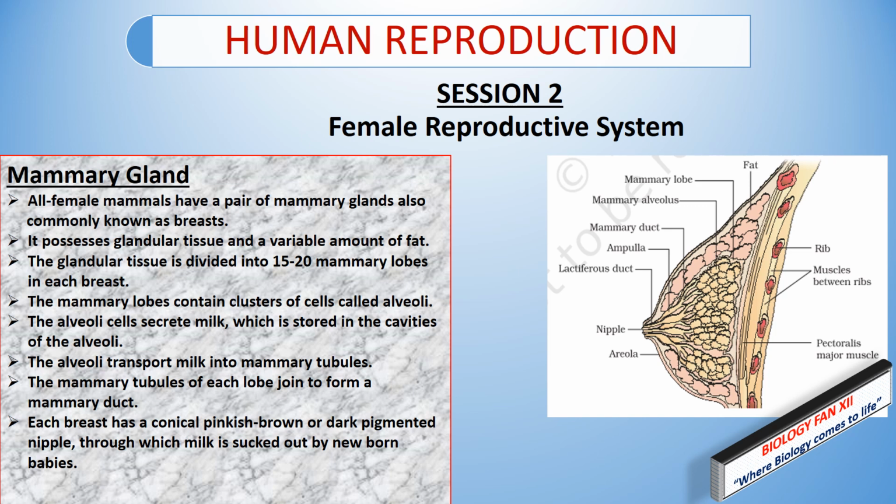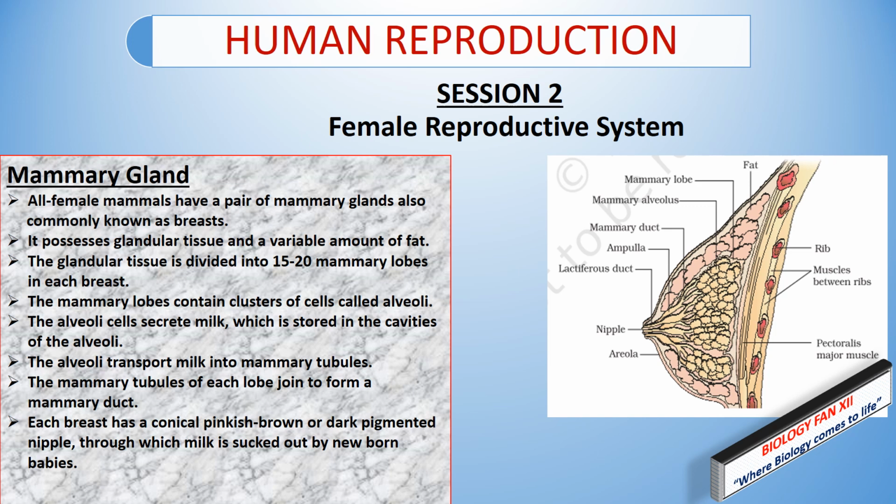The glandular tissue is divided into 15 to 20 mammary lobes in each breast. The mammary lobes contain clusters of cells known as alveoli. The alveoli cells secrete milk, which is stored in the cavities of the alveoli.